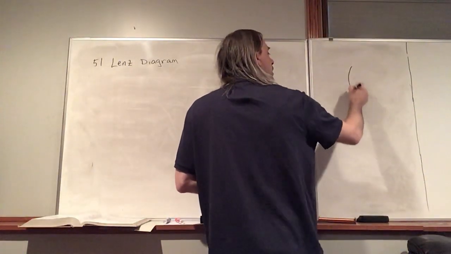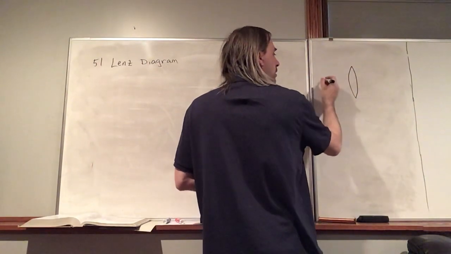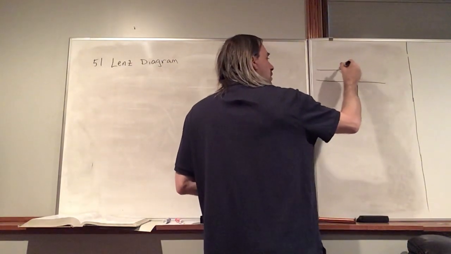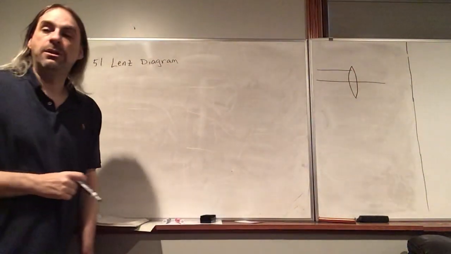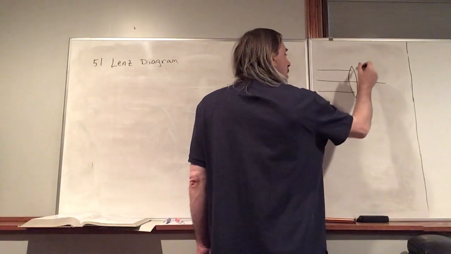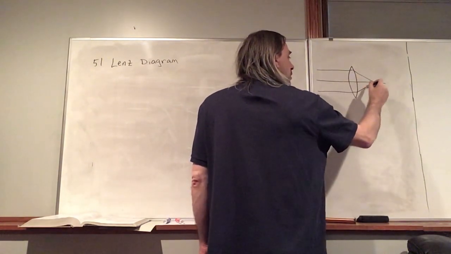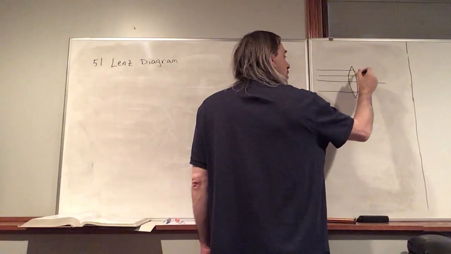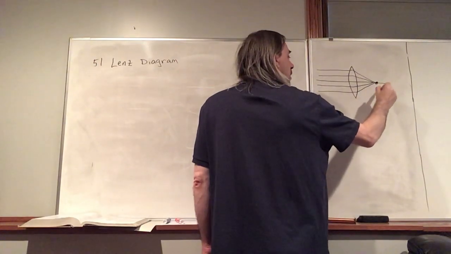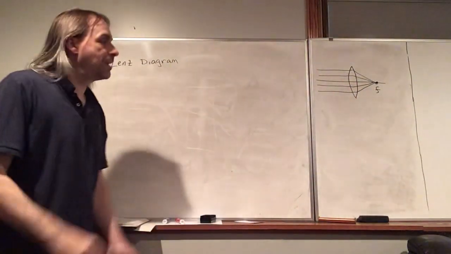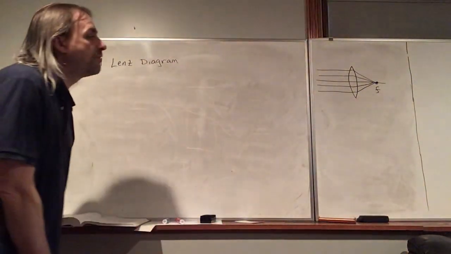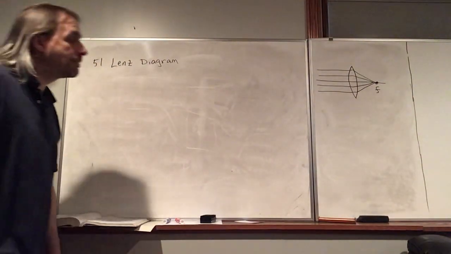We have a converging lens that looks like this, where we can draw an axis through the center, and any beam of light parallel to that axis is going to converge at this point called the focal point. These lenses are designed to converge all the light, so there's a precise mathematical shape here that'll converge all the light to that one point.